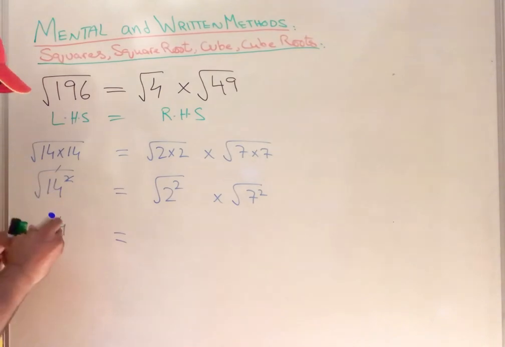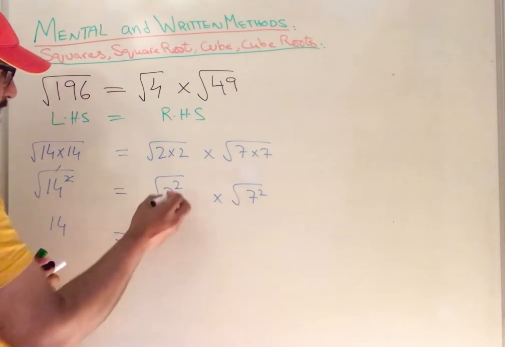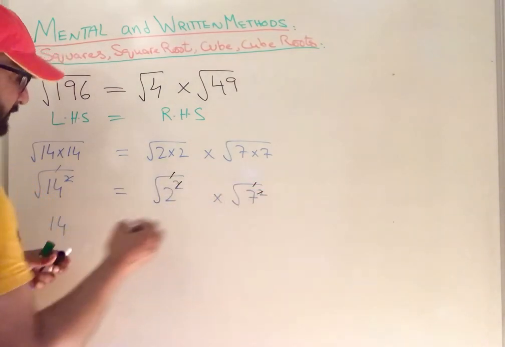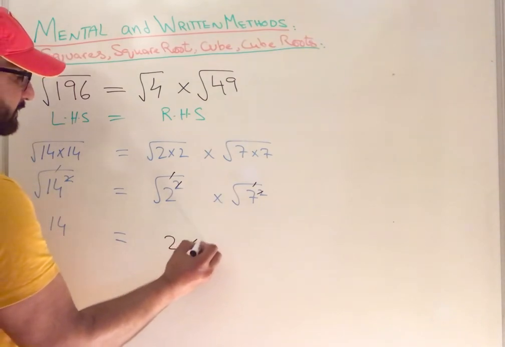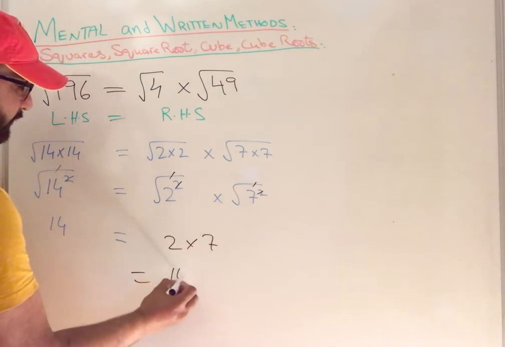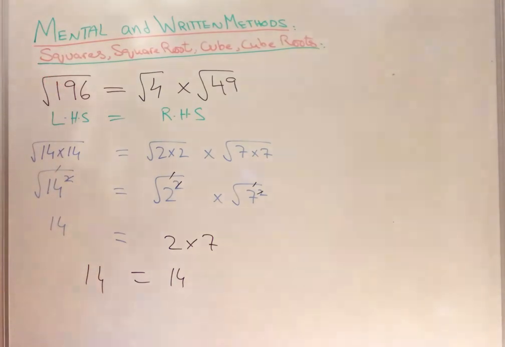That square root cancels. We get 2 times 7, which is 14 also. So hence we can say that both are equal.